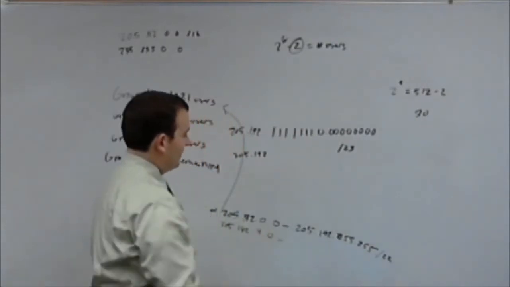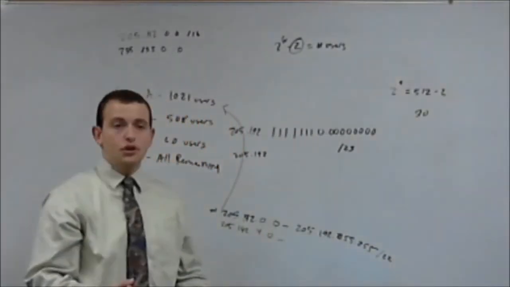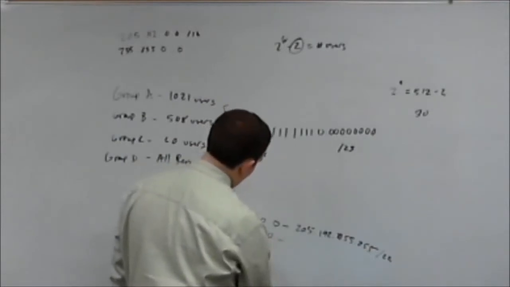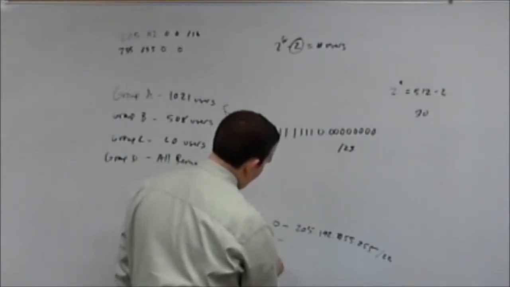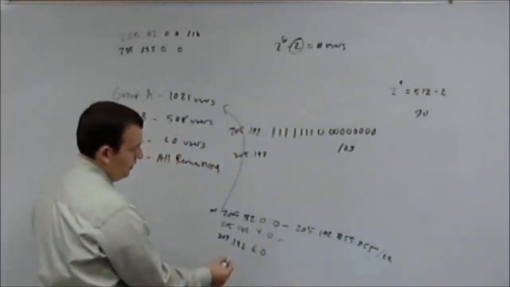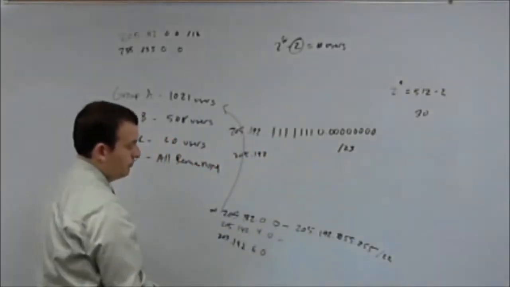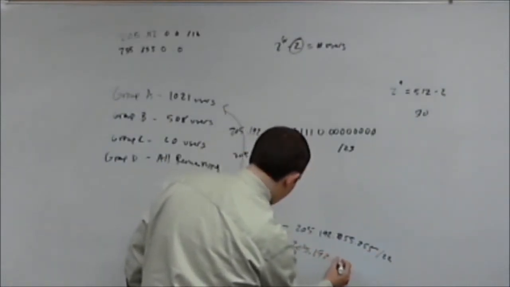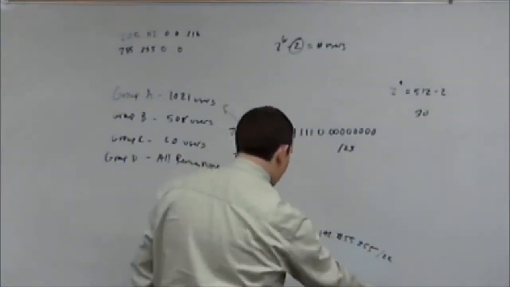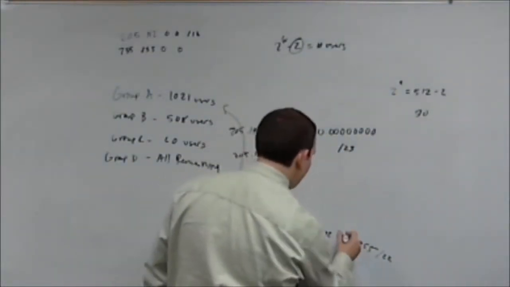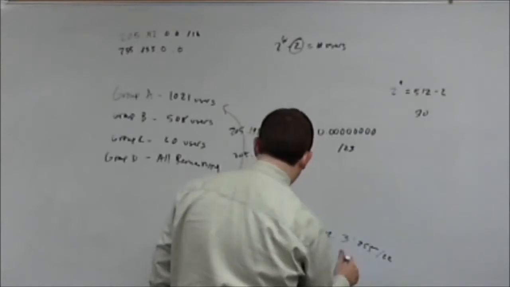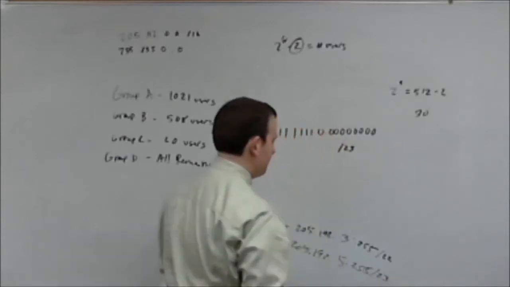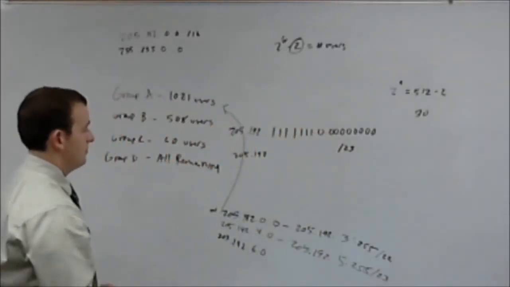So if we add 512 to this number, which in this case is 2 bits worth, then it's going to be 1 before this number. We just added 512 to this number. So it's going to end at 205.192. Oh, this one is incorrect. It ends at 5.255. So this one's going to end at 205.192.5.255 with the subnet mask of 23. So now we have our group B.